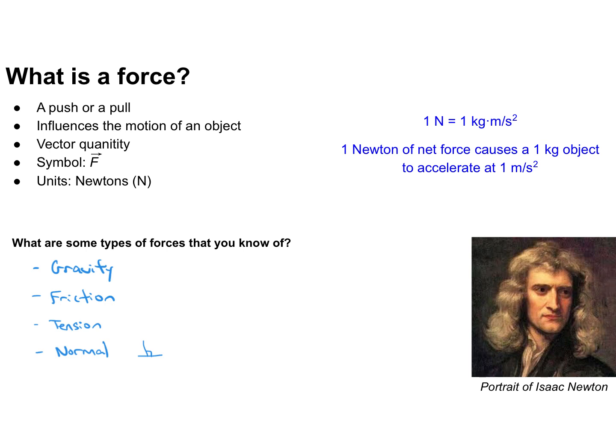So, for example, if you're just standing on the ground, the ground is actually pushing upwards on you, and that's called the normal force. And the direction of that force is perpendicular to the floor that you're standing on.